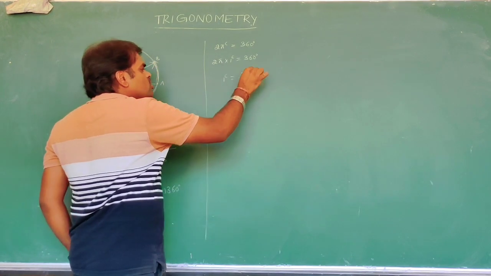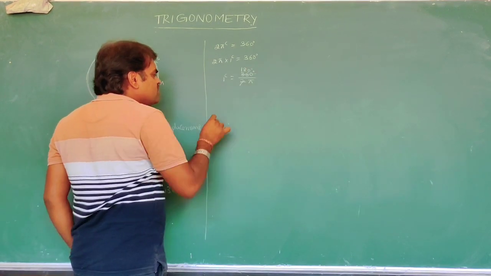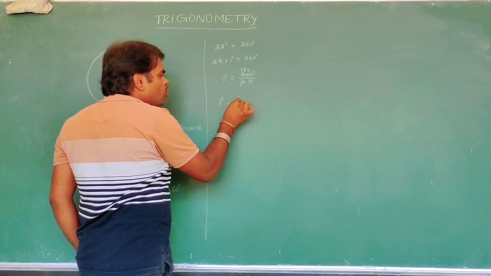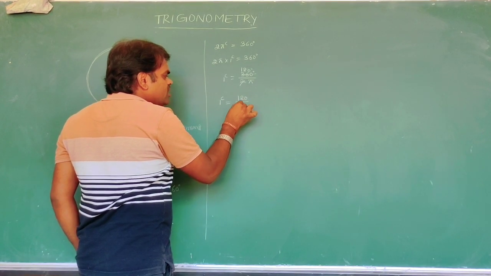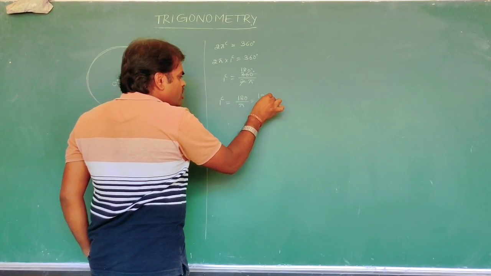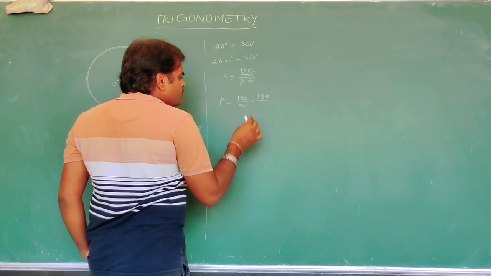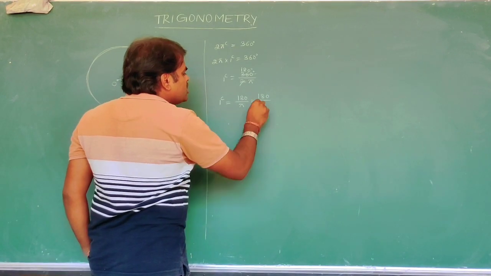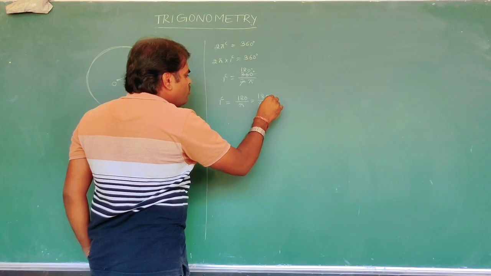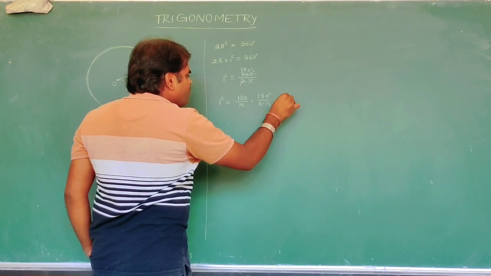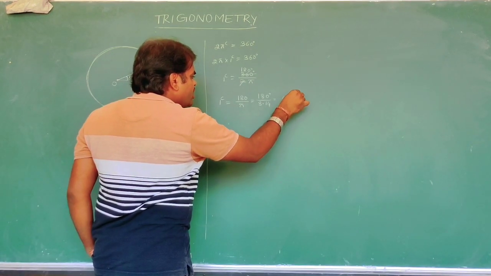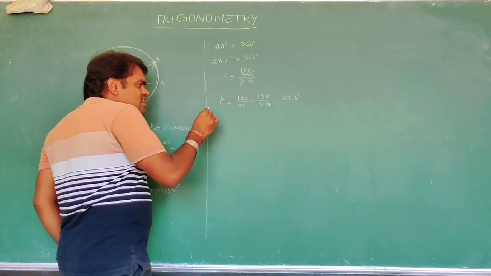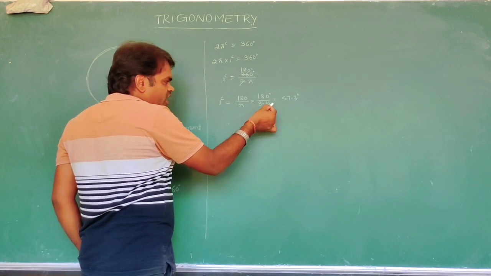Then 2 ones, 2 one-eighties: 1 radian equals 180 by pi. Then this value is substituted: 180 by pi, where pi is 3.14. Then we get 57.3 degrees.